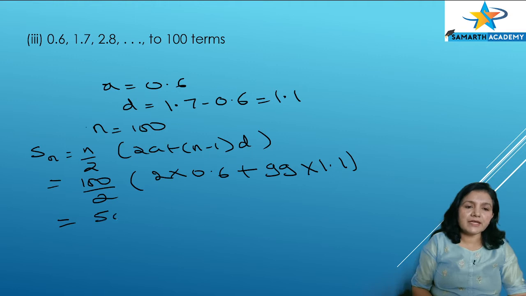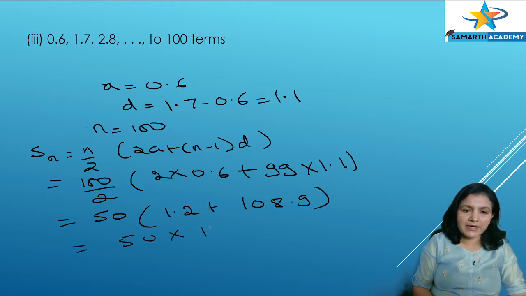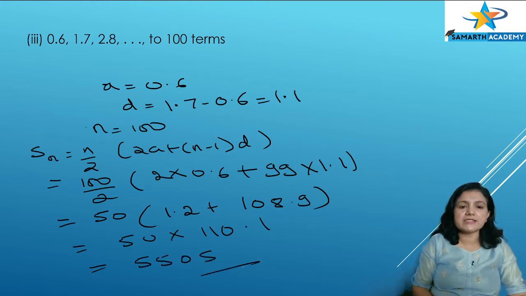So this becomes 50 into (1.2 plus 108.9). On adding, we get 50 into 110.1. Multiply this by 50. 5505 is the sum of the given 100 terms.